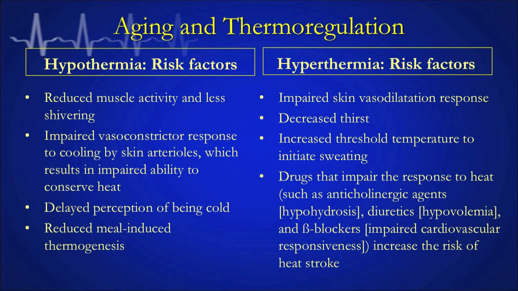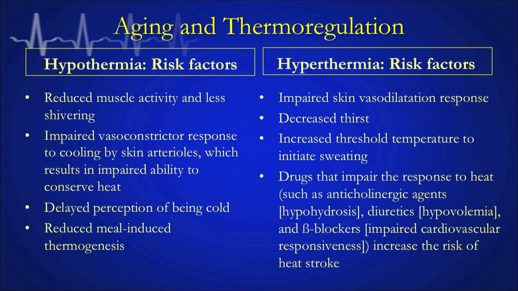Other things which can contribute towards hypothermia are that there is delayed perception of being cold, and also reduced meal-induced thermogenesis. And the opposite is true for hyperthermia, where older people are more prone to have heat stroke.